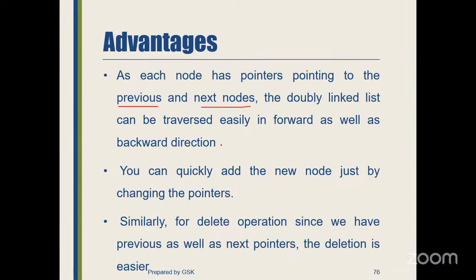If you want to come back, you need to go far away and take a U-turn, right? That is what happens in general. But here, this is two-way, bi-directional. At any point of time, if you want to move in the forward direction or in the backward direction, you can do that. No need to traverse until the ending point. So this is a very good advantage we have with a doubly linked list.